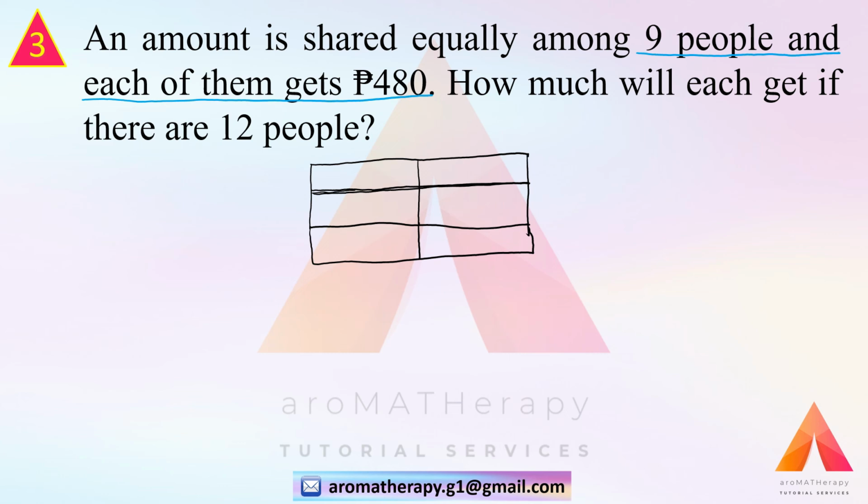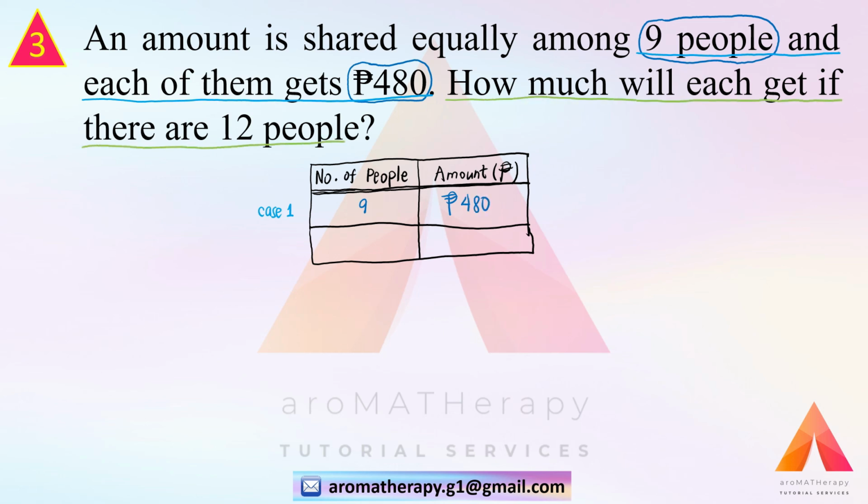So we'll have two quantities also: number of people and the amount in peso. This is for case 1. Let's write down our given. We have 9 and 480 pesos.